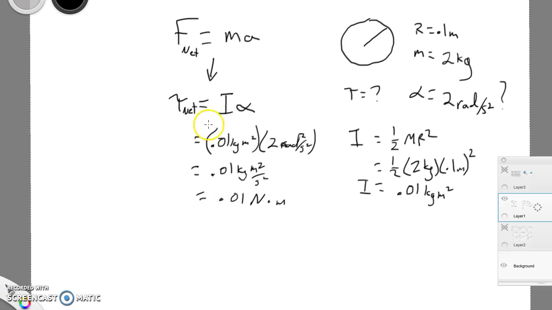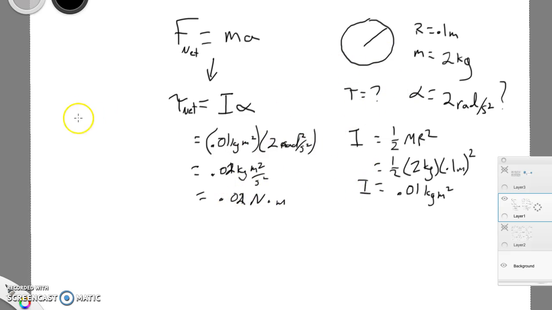So the torque required to accelerate this disk at a rate of 2 radians per second squared would be, oh gosh, math error there, 0.01 times 2 would be 0.02 newton meters.